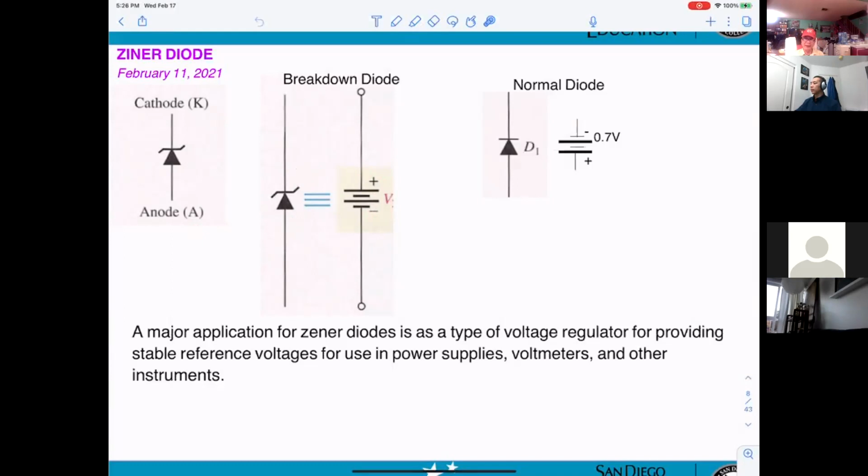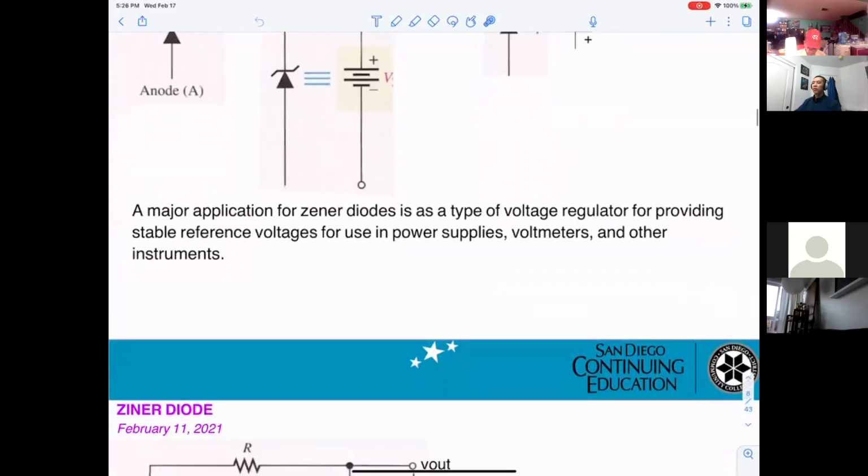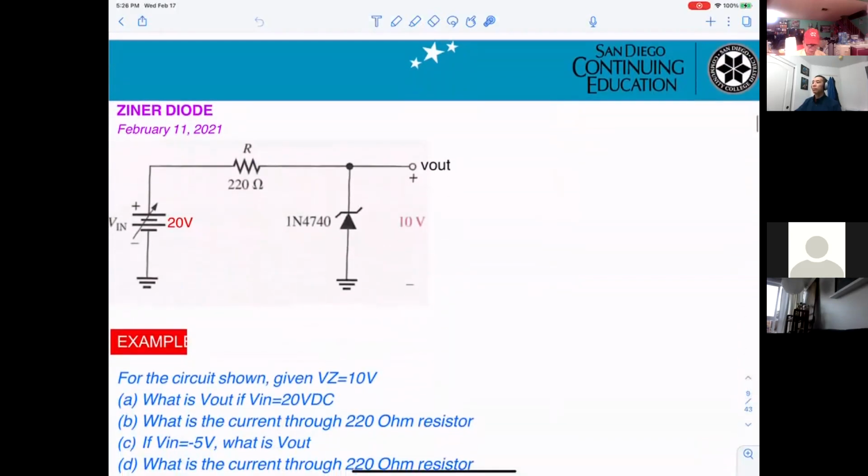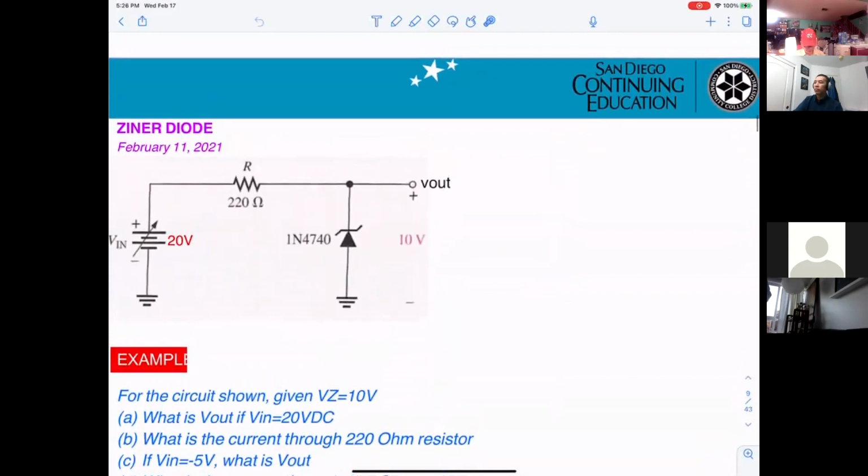If you have any question or anything confusing, just bring it up. Now, for this circuitry here, you have a Zener. When you're working with the Zener, there are three things that can happen. First thing is the Zener breakdown.